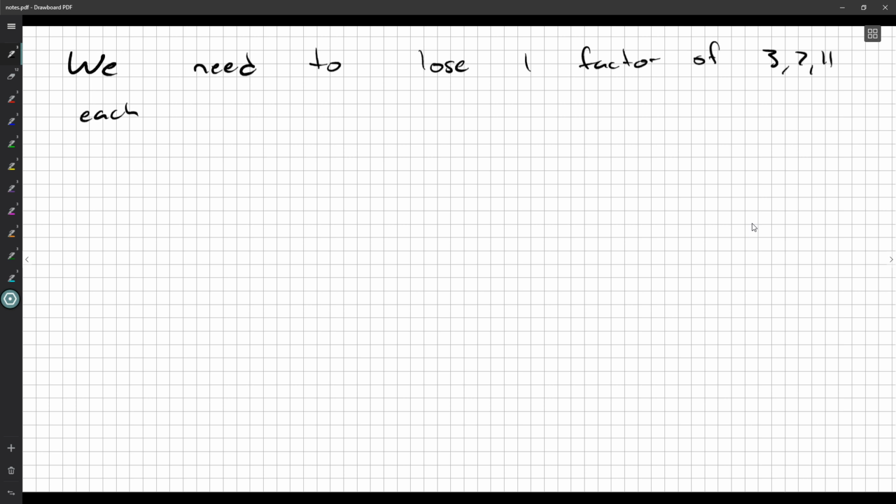We've got an even number of 5s and even number of 2s. Now, unfortunately, there's no combinations, because 3 times 7 would be 21, 3 times 11 would be 33, 7 times 11, 77. We don't have these numbers in my sequence that I can drop.